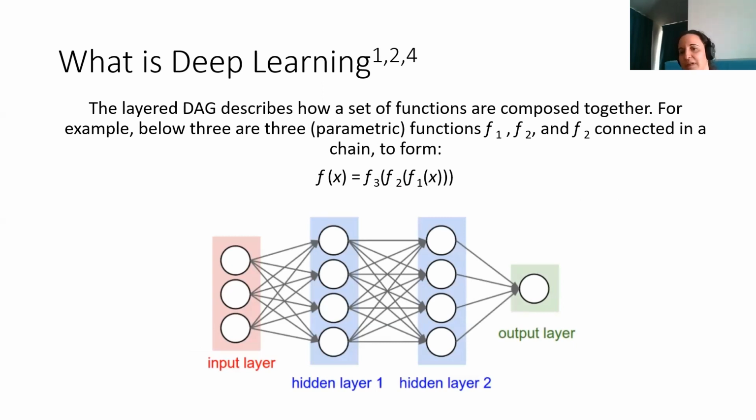So, for example, here, if we assume that the output layer is computing the function f, and f1 is your input, that's a function represented by your input layer. Then every other layer is a composition of the function of the previous layer. So in this case, f is f3 composition f2 composition f1.